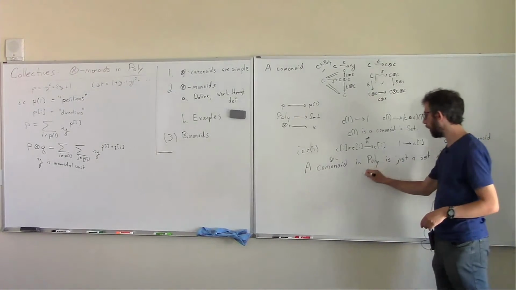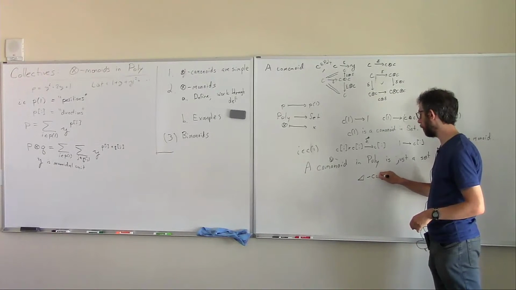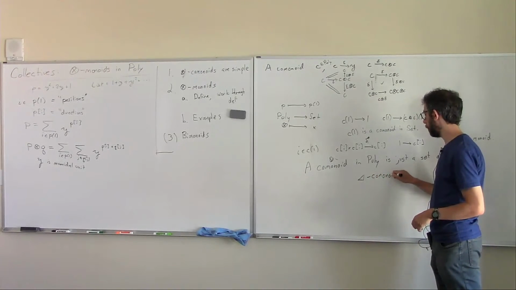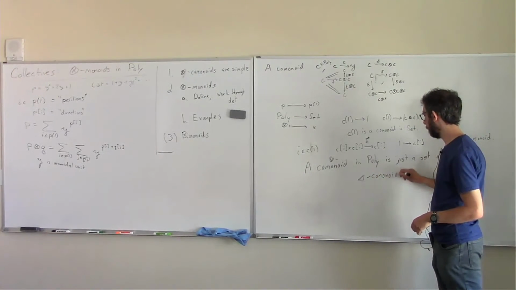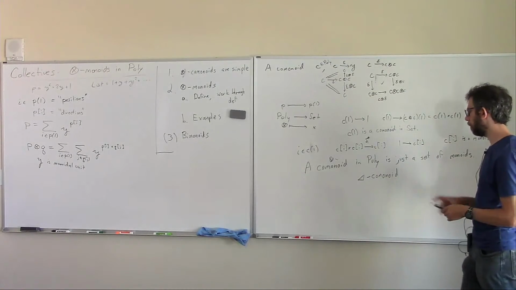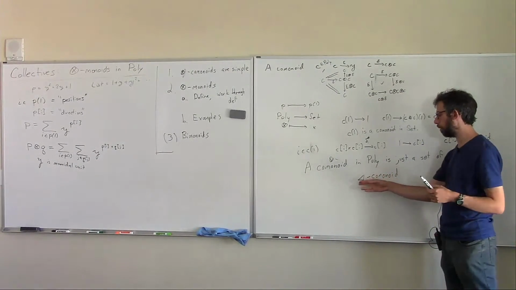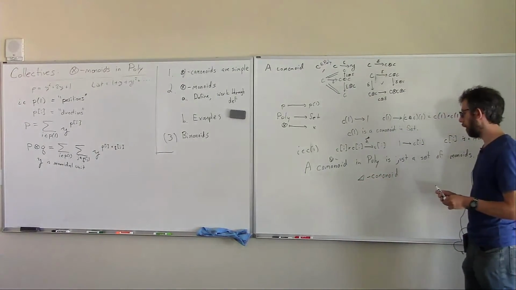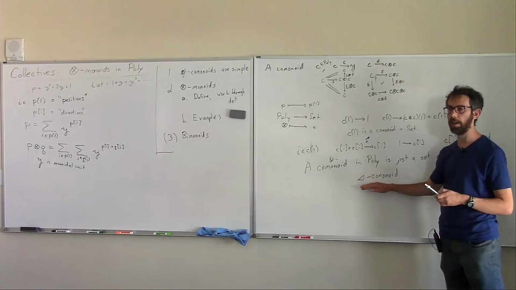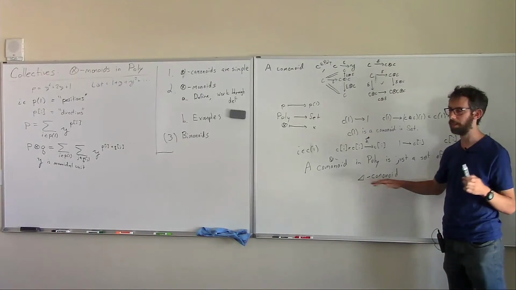Now, you may know that there's another monoidal structure on poly, given by composition of polynomials, which I often write this way. This kind of comonoid are categories. Exactly categories. That's a weird fact.